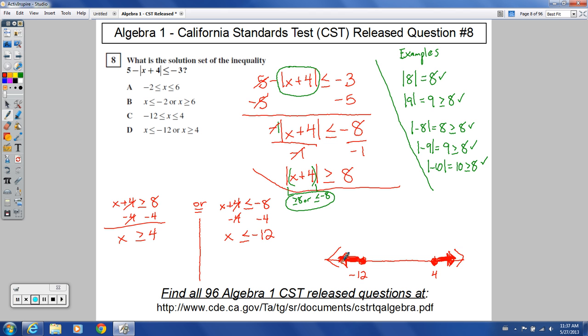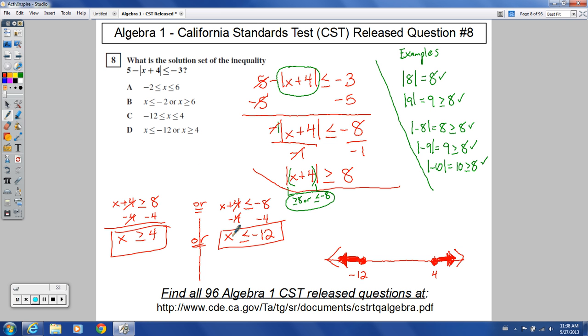So we can have this, or we can have this. This is a visual way to think of it. You can plug in anything for x that's 4 or bigger, or anything that's negative 12 or smaller, and plug it back in. You take the absolute value of that all together, and it's going to end up being greater than or equal to 8.